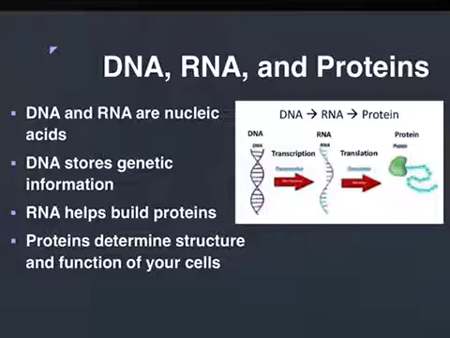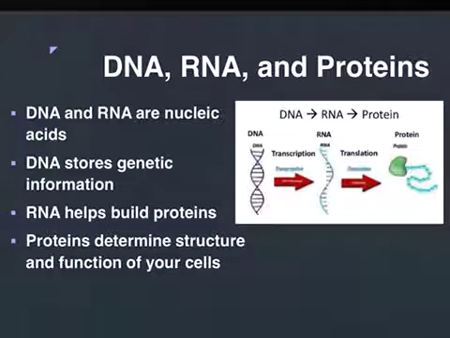So DNA and RNA are both nucleic acids. DNA's job is to store genetic information, while RNA's job is to physically help build proteins. Then we have proteins, and proteins' jobs are to determine the structure and function of your cells.